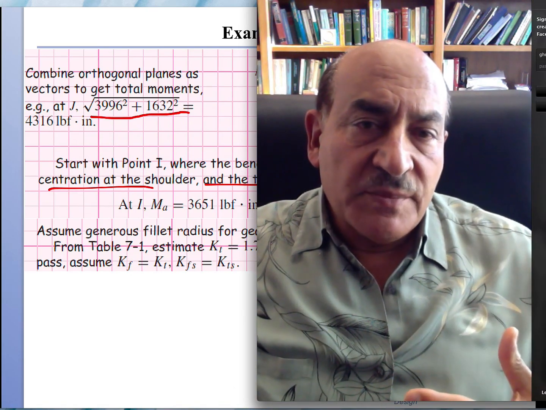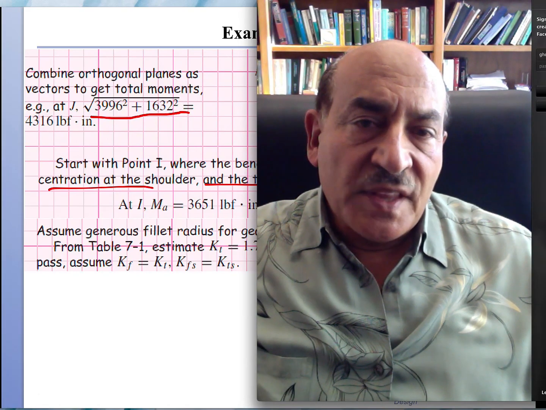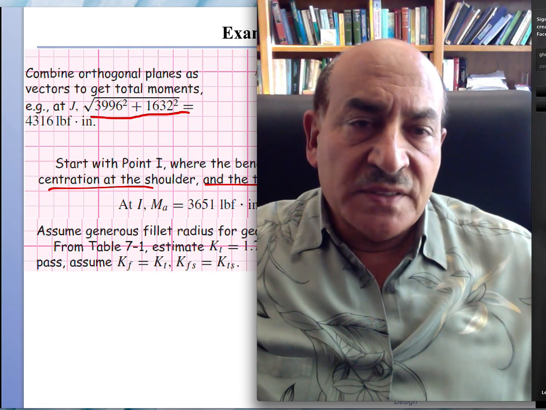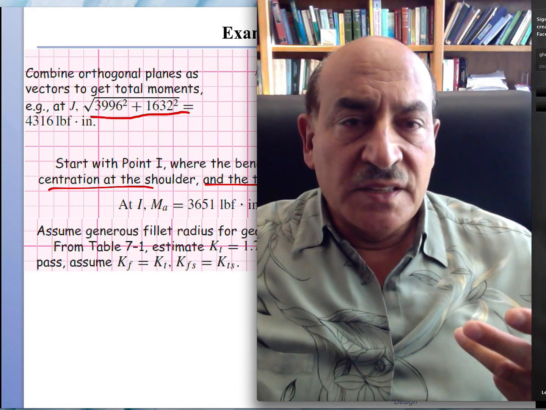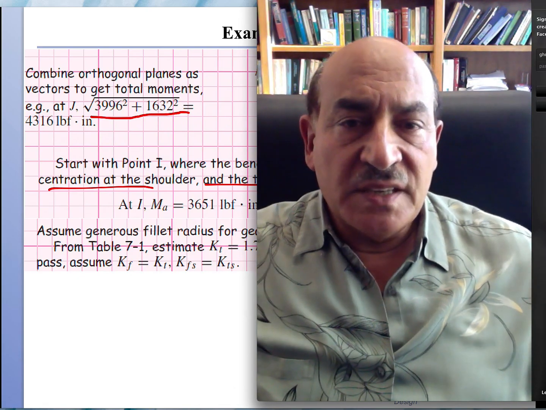So we have to think about where things can fail, and the way to do it is by logic. The logic is that we have the largest moment, there's some additional torque, there's also a stress concentration factor, so it has to be that point.